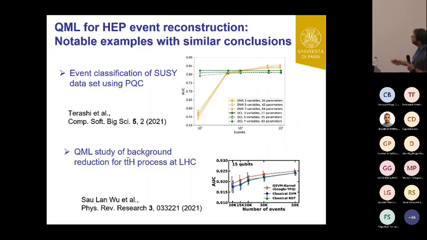In parallel, we found that collaborations involving many more people and heavier resources on heavier hardware chips found very comparable results.